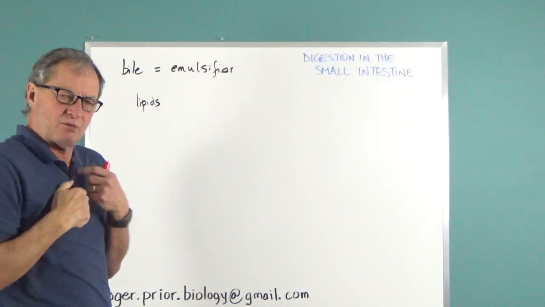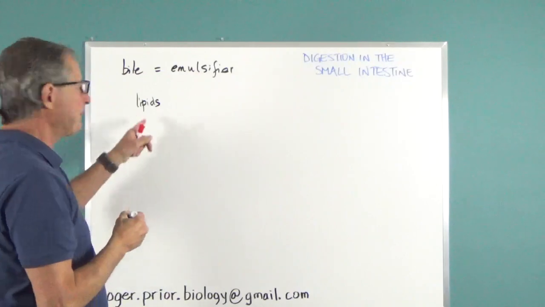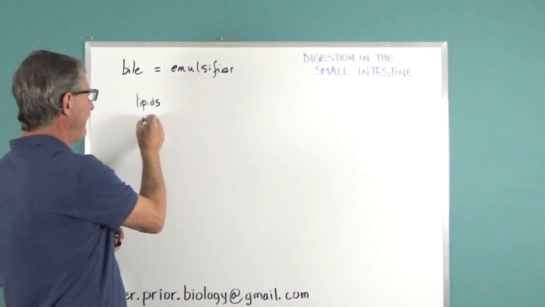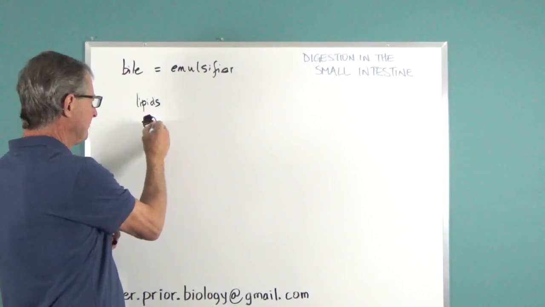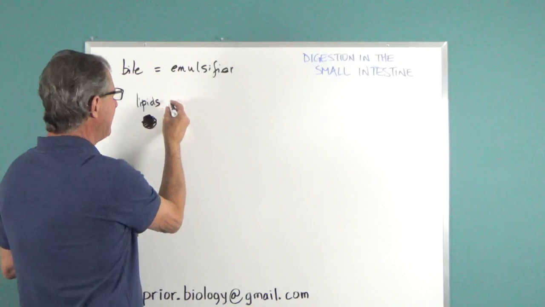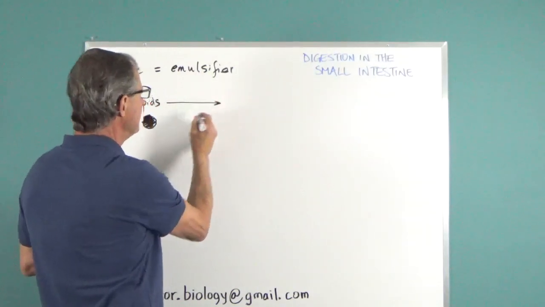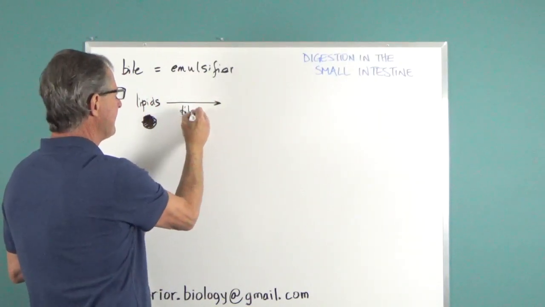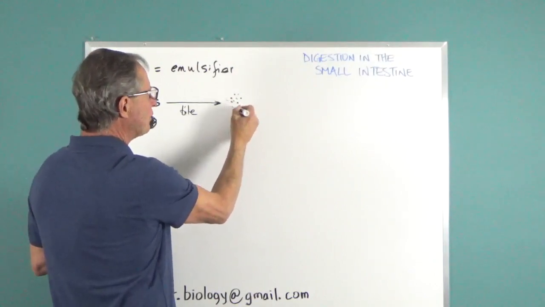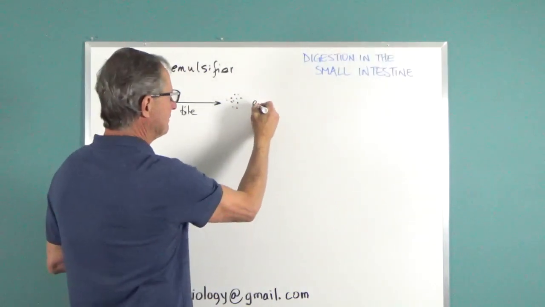We have a water-based system, and lipids don't mix with water. So if we have a lump of fat, for example, the bile will treat that lump and break it up into tiny pieces. That's the process of emulsification.